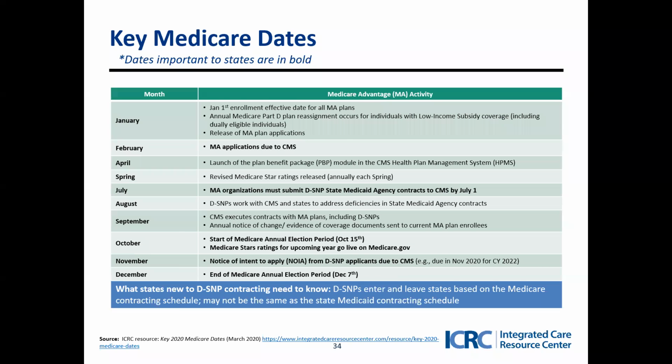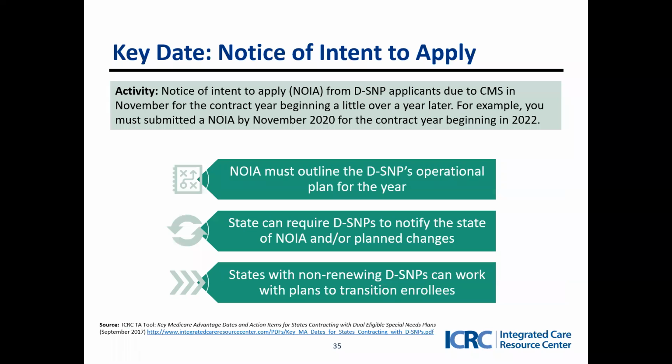Next slide, please. So I wanted to highlight a key date in November, which is the Notice of Intent to Apply, or the NOIA submission. Any new D-SNP for the next contracting cycle must submit a NOIA over a year in advance. So for example, for contract year 2022, a D-SNP must have had to submit their NOIA by last month, by November.